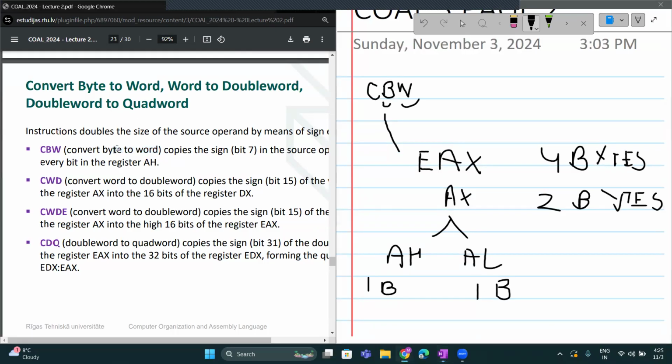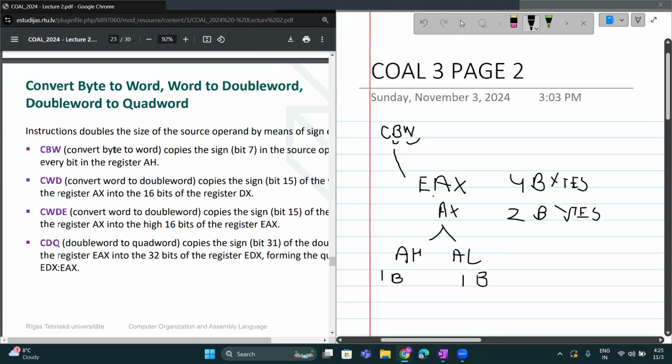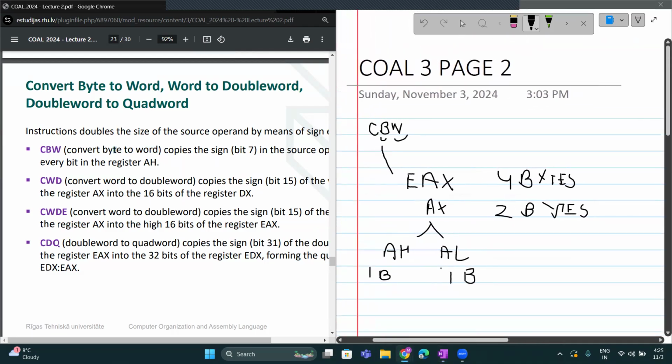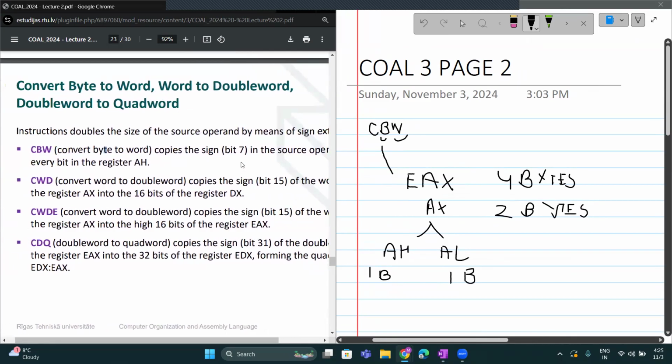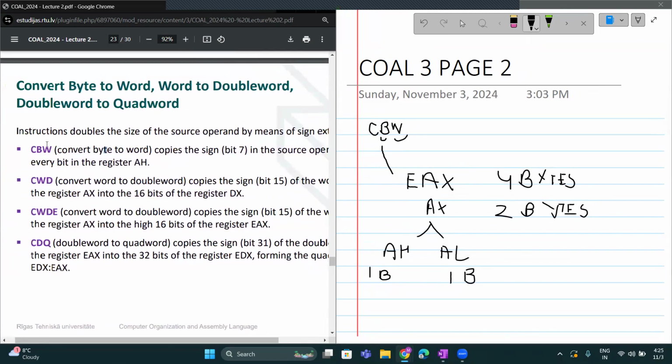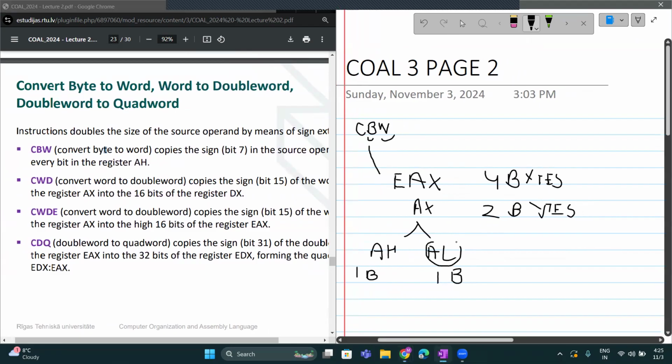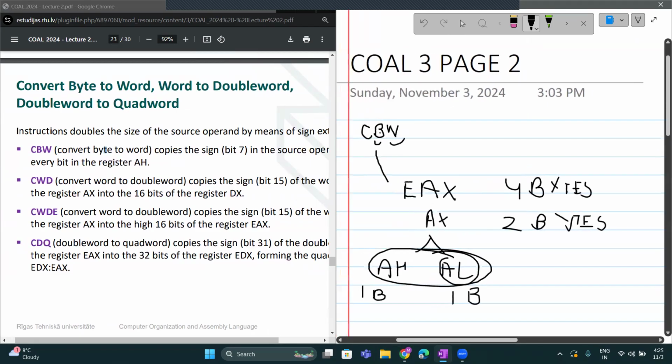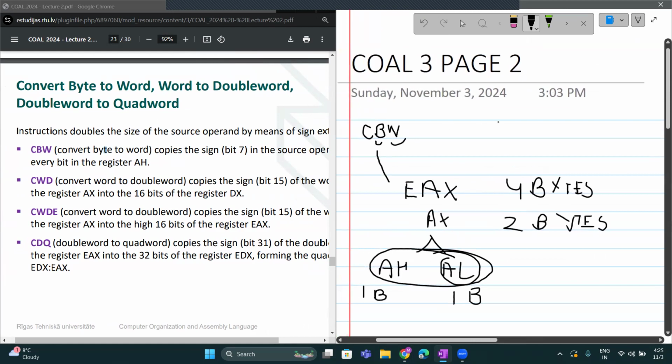What it does is converts byte to word. So whatever is in AL, it converts into the full AX. So convert byte to word, that's what it does.